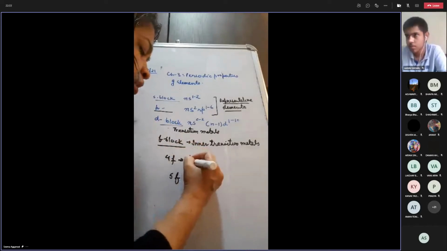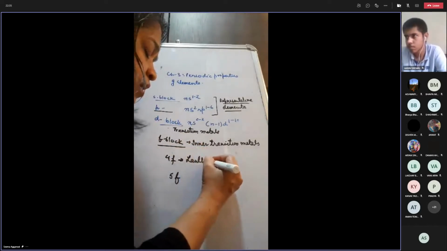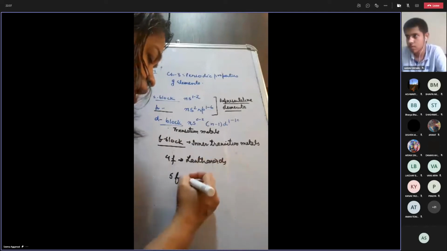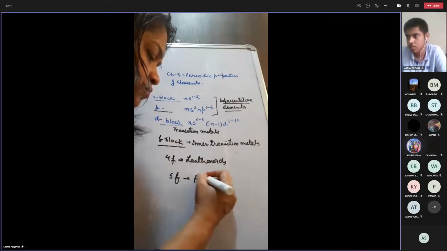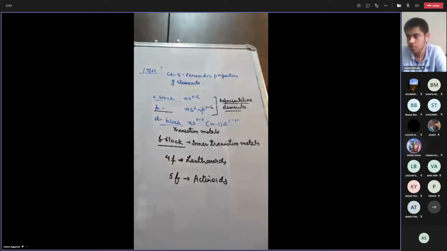The 4f series is called lanthanoids. This I told in the previous chapter also. And the 5f series, actinoids. These are the very general terms that you should be remembering: what are lanthanoids, what are actinoids, what are transition metals, and so on.